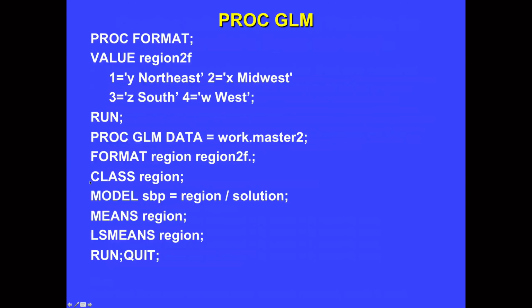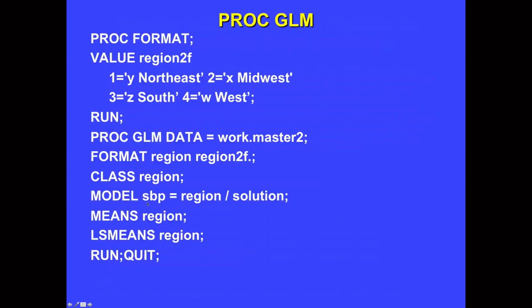And I'm going to use a class statement here. And in the class statement, I will put various classification variables, or in other words, categorical variables, for which I want SAS to use dummy coding in the background. And then in the model statement, this is very similar to proc reg.